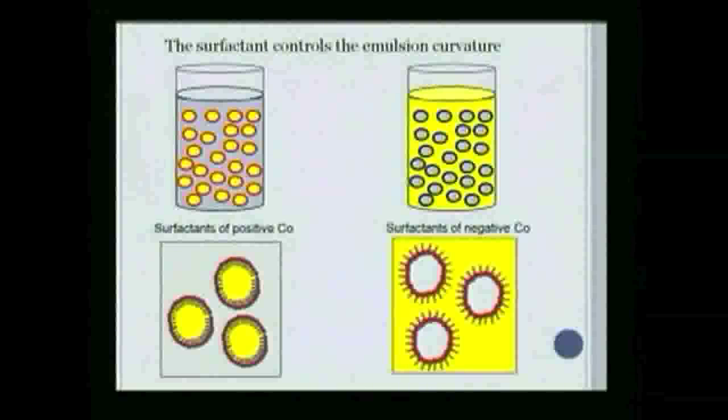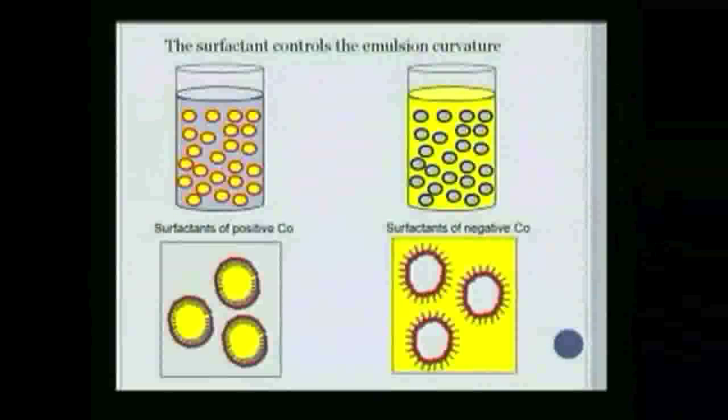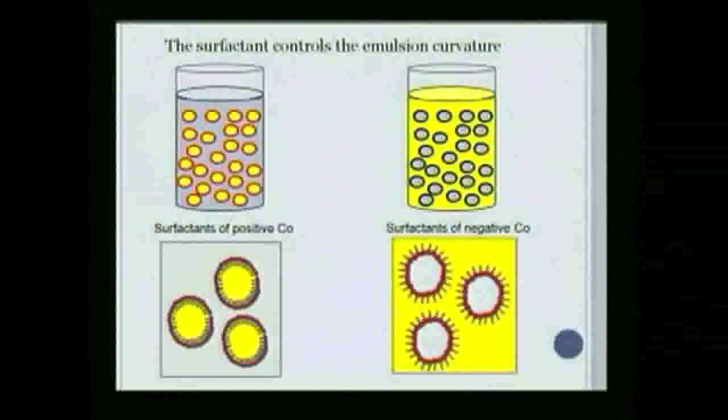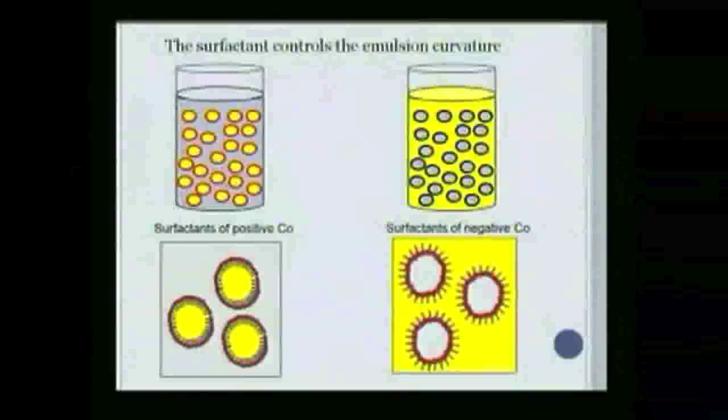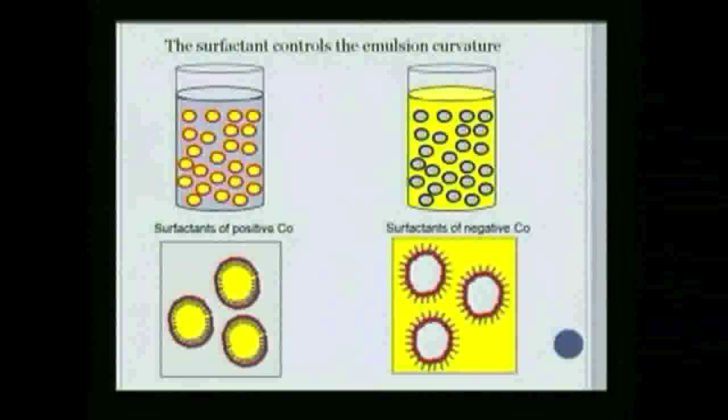So how do you go from a direct to an inverse emulsion? It's monitored by the surfactant, and once again by the spontaneous curvature of the surfactant. If you have a positive C0, you will have a direct emulsion. If you use a surfactant of negative C0, you will have an inverse emulsion.